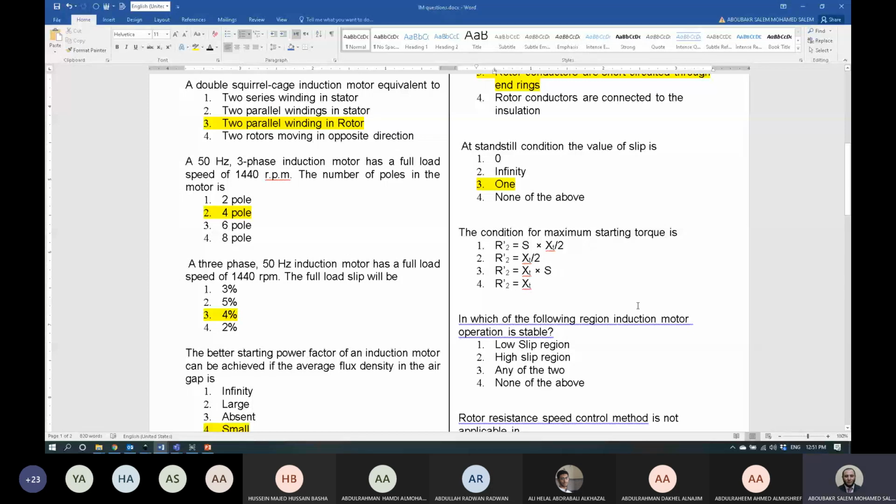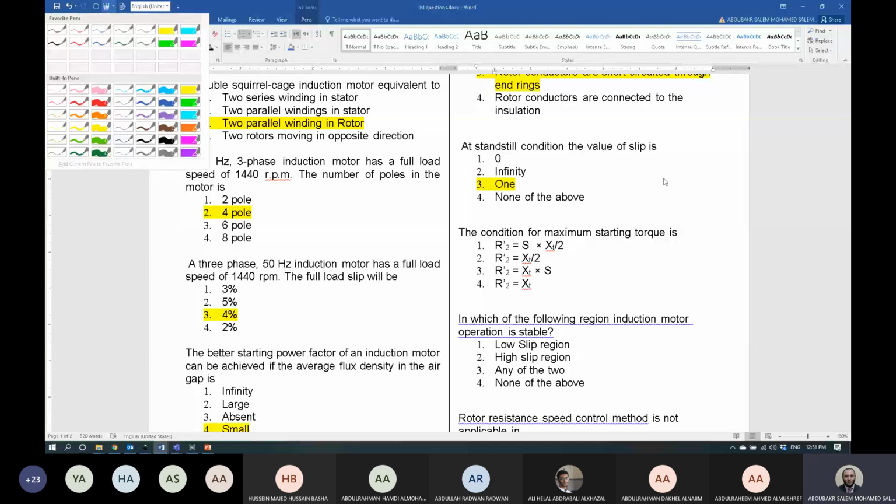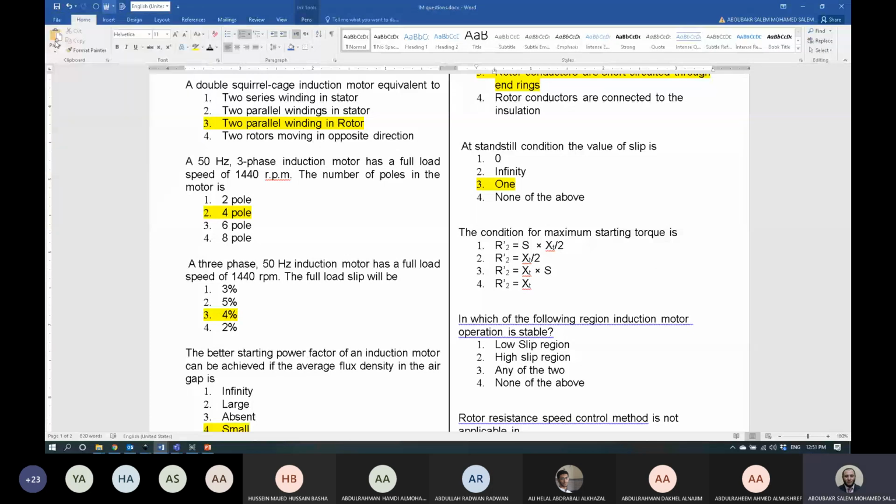What is the condition? Let's write the equation together. We said the condition is that S maximum equals unity, and if we neglect the stator resistance, it will be R2 prime over X equivalent.